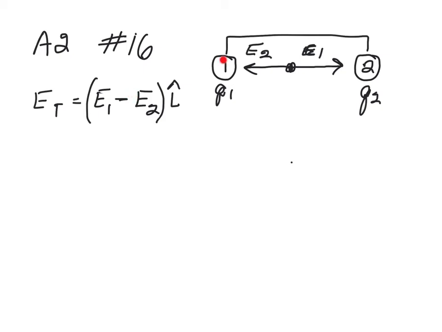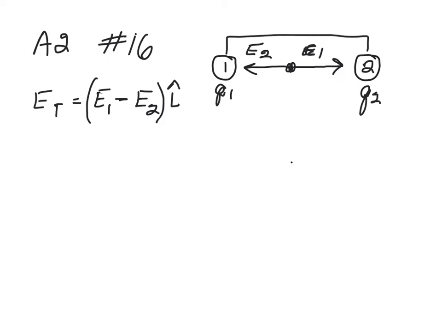Now, supposing they were both negative, so if Q1 were negative, this number would become negative, which it should be, right? If this were a negative charge, it would be in that direction. And if Q2 were negative, then when you put a negative Q in here, it would make this positive, which would make it correct.